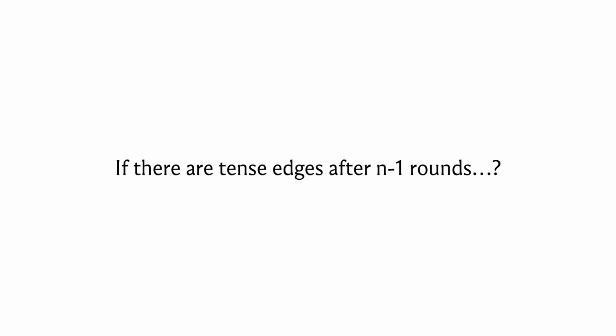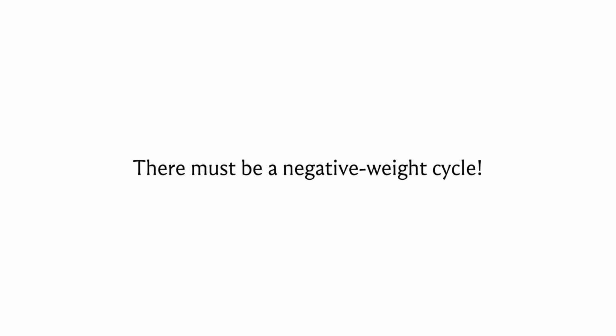Alright, so I claim that if there is a tense edge after all the n-1 rounds are done, then there must in fact be a negative weight cycle in the graph. And the reason for this, roughly speaking, is the following. If you didn't have negative weight cycles in the graph, then all shortest paths would have in fact been simple paths.